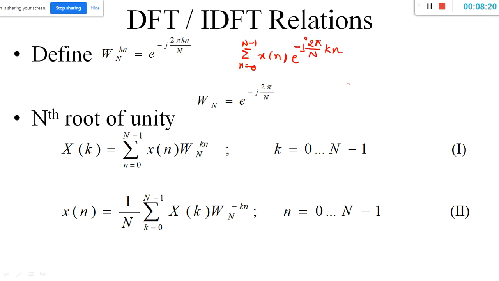So we represent e to the power of minus j 2 pi by N k as W_N to the power k, where N stands for N point DFT. How many points you want to obtain, that is how many samples.